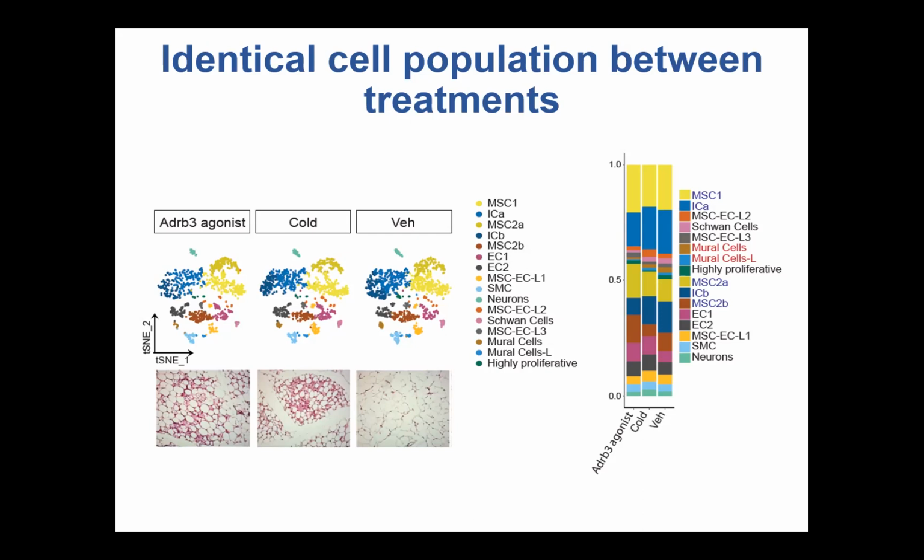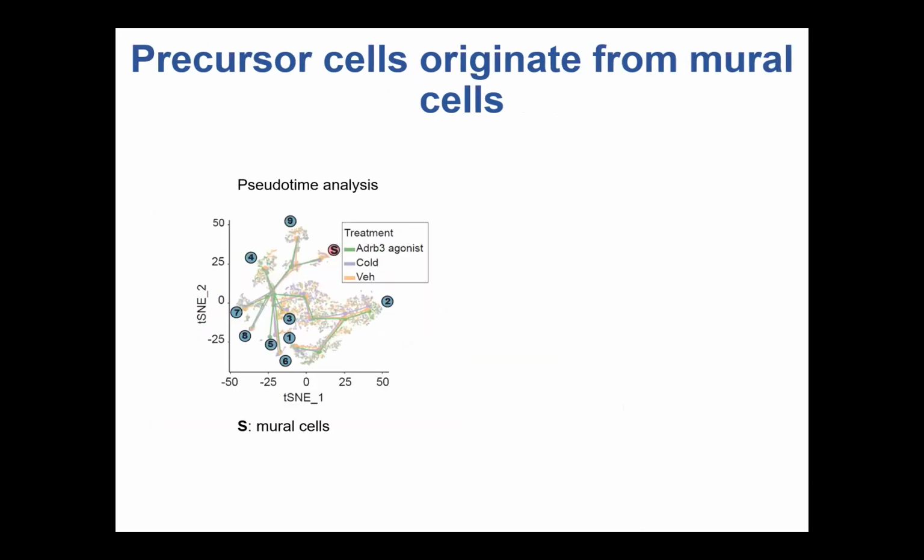To dig in more detail into this cellular dynamic happening within the tissue, we decided to perform a pseudo-time analysis. This approach takes advantage of the fact that the cells within the tissue are a continuum of states, and those cells can be bioinformatically reordered to predict the fate, or the destiny, of cells through time.